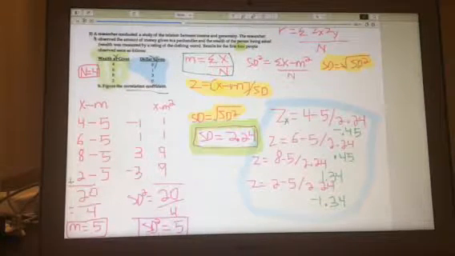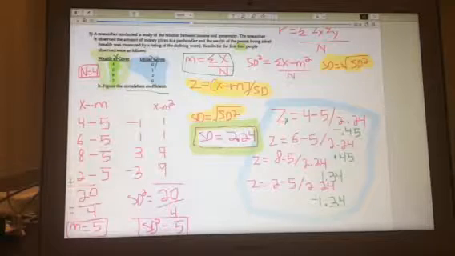Now, z equals 4 minus 5. This is our first x, the one up here. So it's 4 minus 5, and then we divide by our standard deviation, 2.24. For the first one, we get negative 0.45. Make sure you're very careful not to forget those negatives.